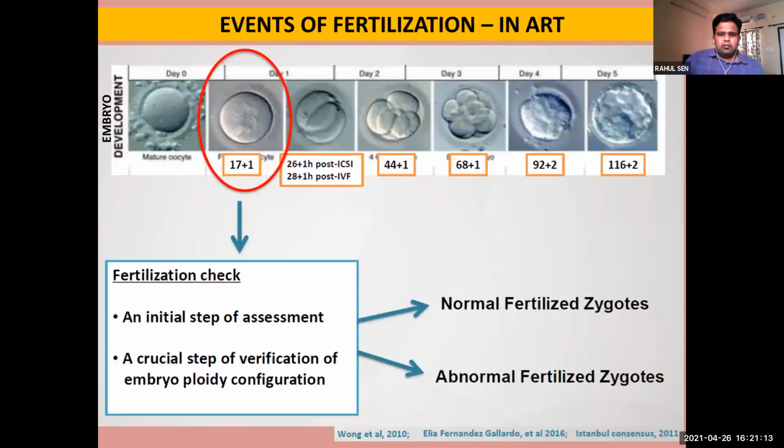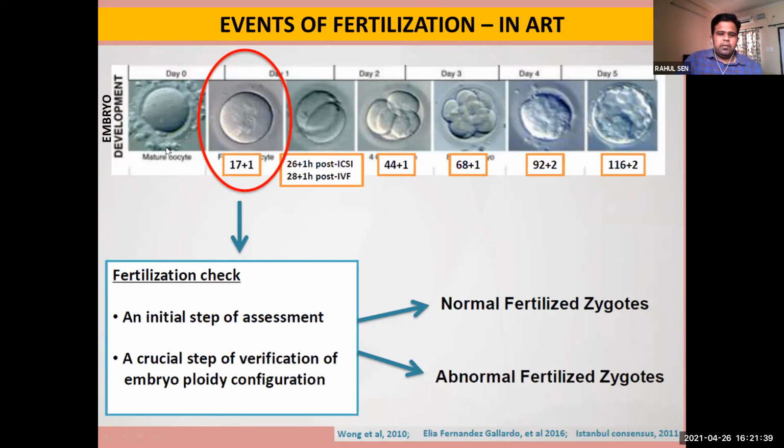When we are talking about embryo development in ART, the phase of embryo development is correlated with the morphokinetic parameters, that is the morphology and the kinetics, meaning the time of development.